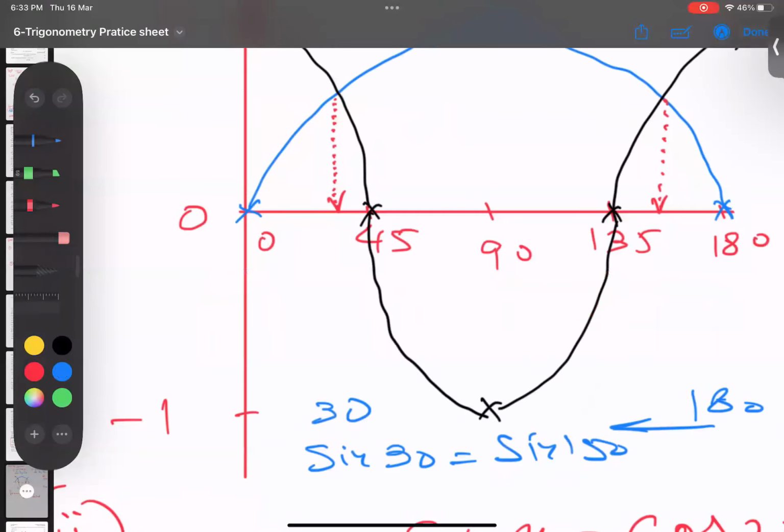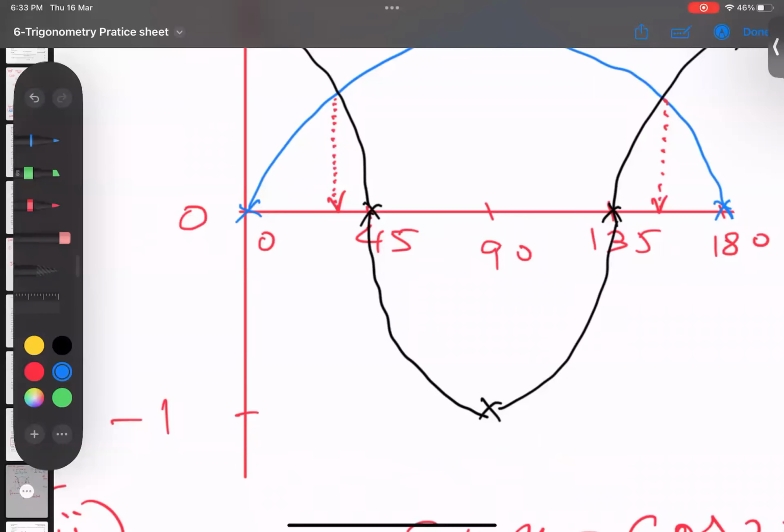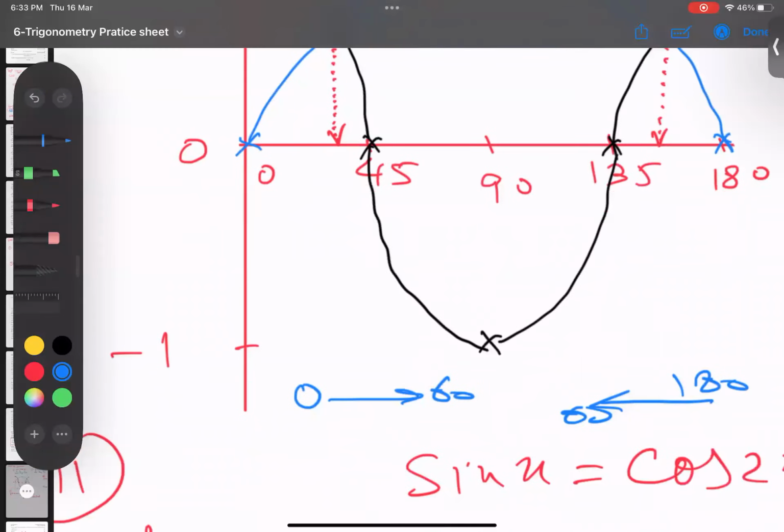The reason is very clear, because how much I move from both sides, the angles give 100% the same values. For example, from 0, if I move forward 60, and from 180, I move backward 60, it means sine 60 and sine 120. 100% the same answer will come.